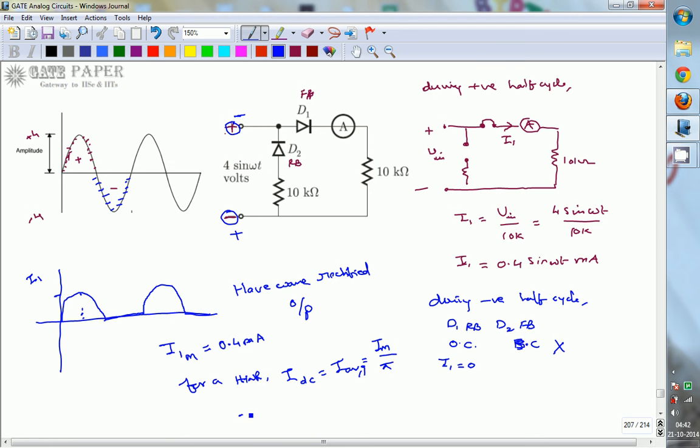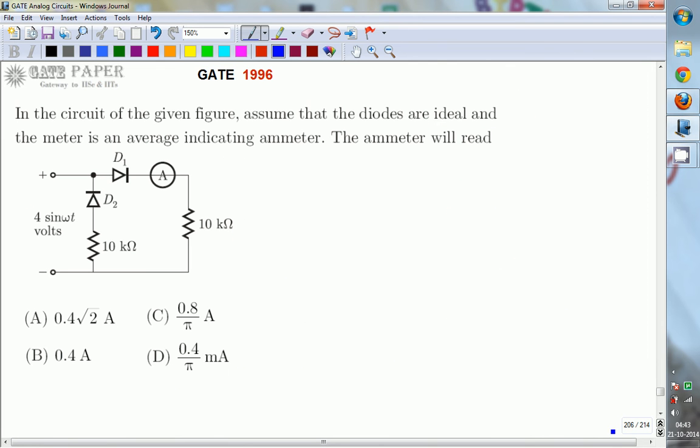In this case, the DC value going through the ammeter, the average indicating ammeter, is Im, which is 0.4 milliamperes, divided by pi. So the average current flowing through the ammeter is 0.4 by pi milliamperes. The right option for this question is D, 0.4 by pi milliamperes. Thank you.